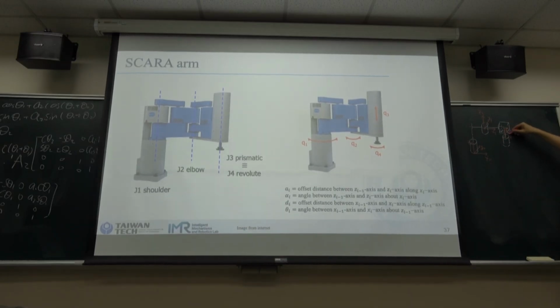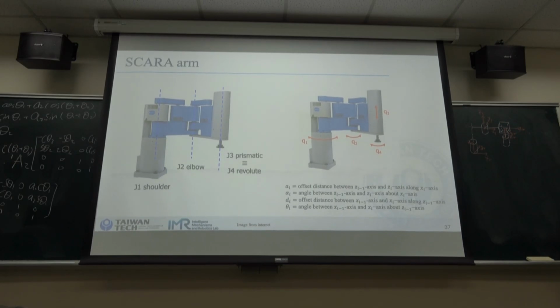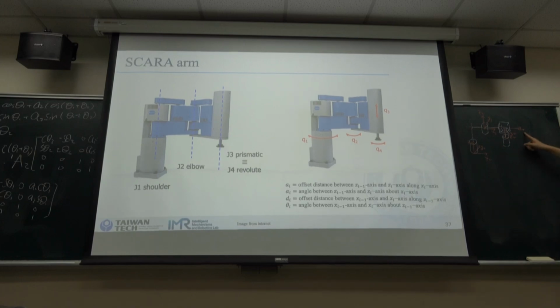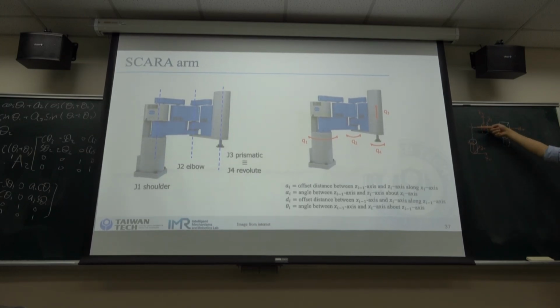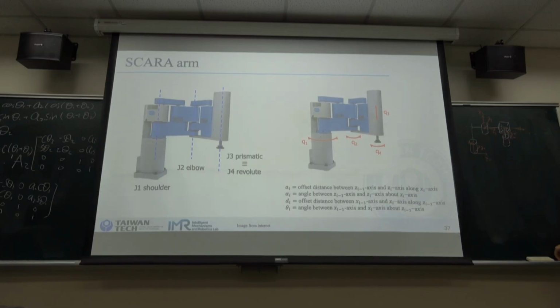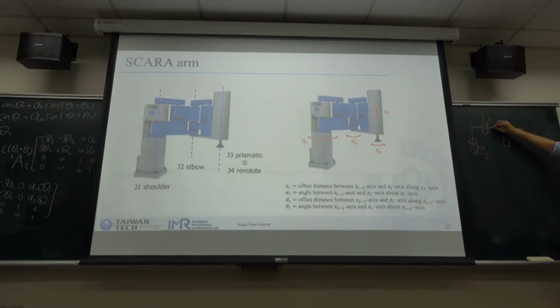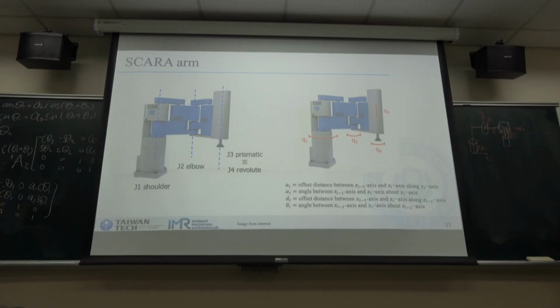So the y should be pointing out. And we check whether x2 intersects with z1. So if you extend them, they intersect at this point.